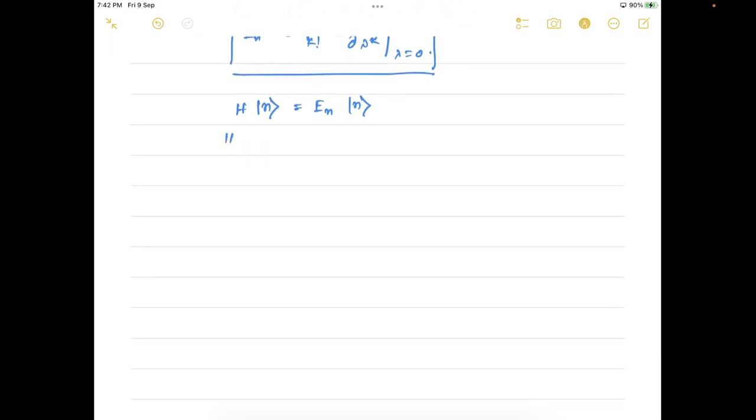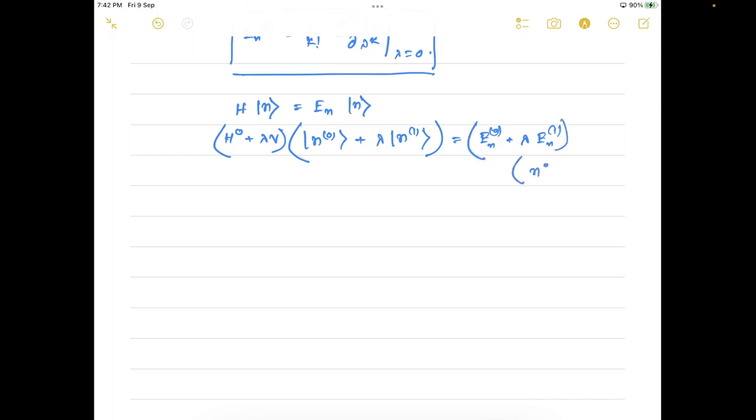So here H will be equal to H0 plus lambda V, and |n> will be equal to |n0> plus lambda |n1>, retaining terms up to first order. Then En will be En0 plus lambda En1, multiplied by |n0> plus lambda times |n1>, right?